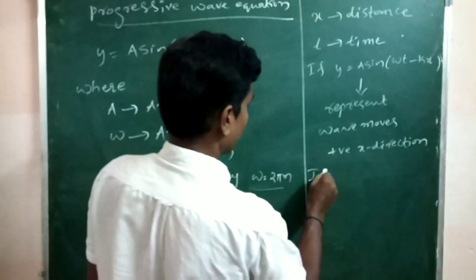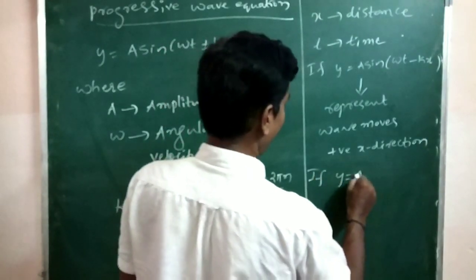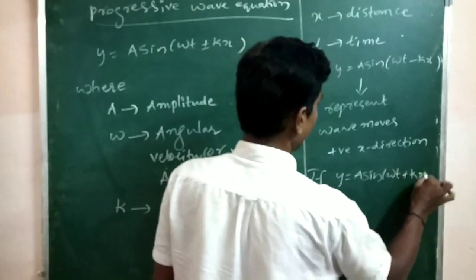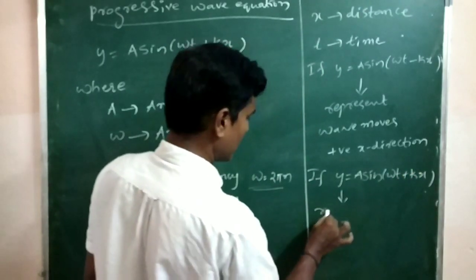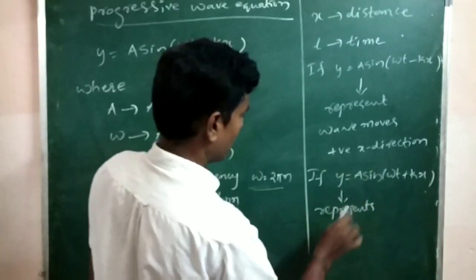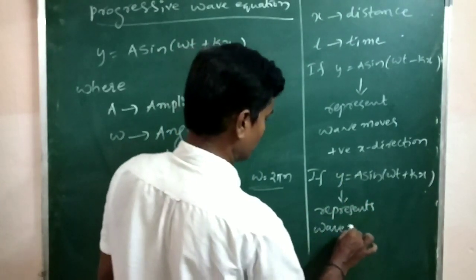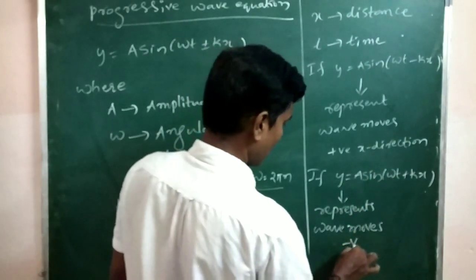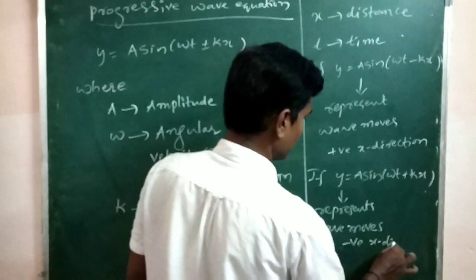If we take y is equal to a sine omega t plus kx, it represents a wave that moves in the negative x direction.